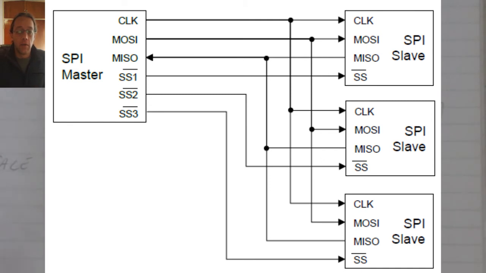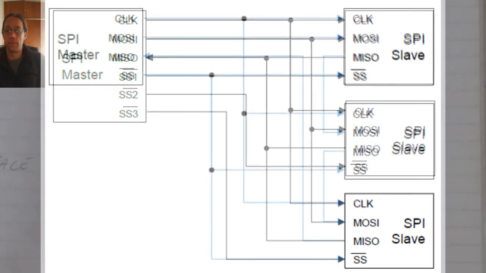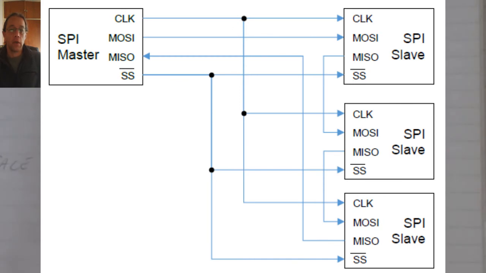The data being transmitted and received by the master goes to and from all the slaves at the same time. However, only the slave that is selected by putting a low on the slave select will be receiving or communicating with the master at that moment in time.